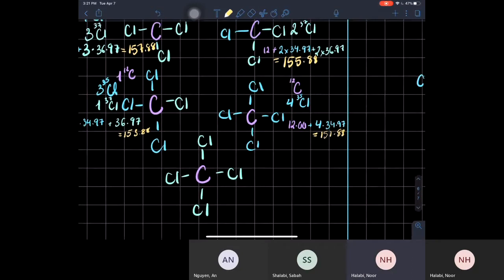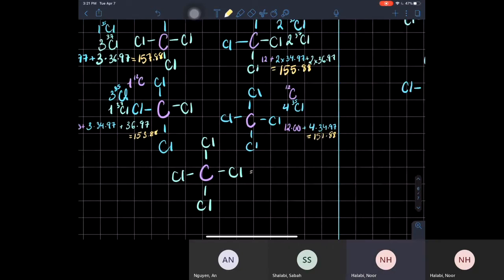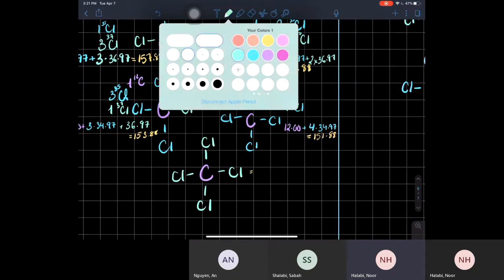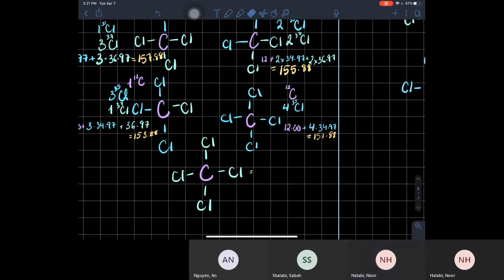And lastly here, I'm gonna show you a cool trick to calculate the other ones, because you don't want to do this again, right? So this is carbon 12, right?